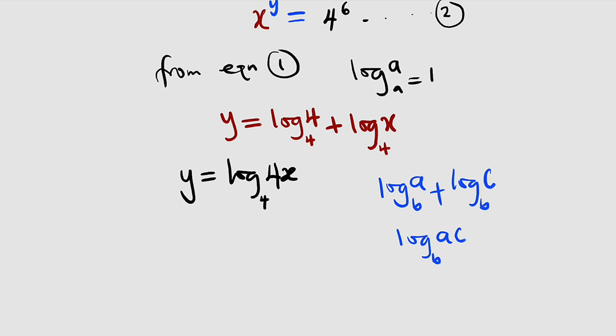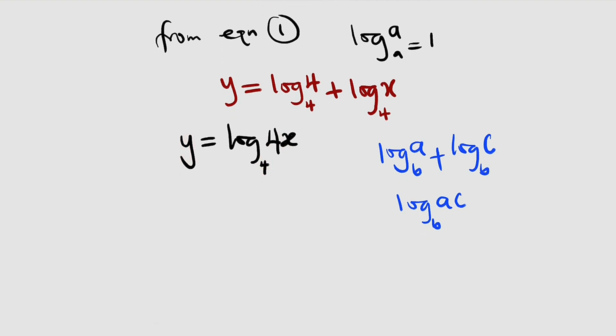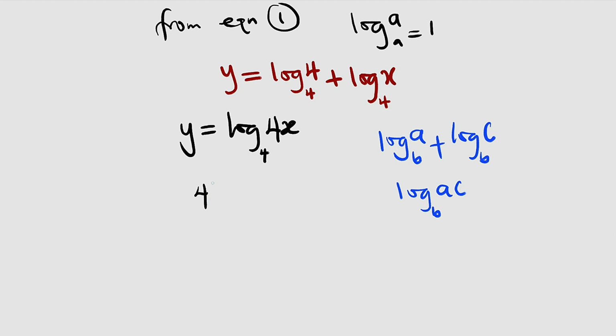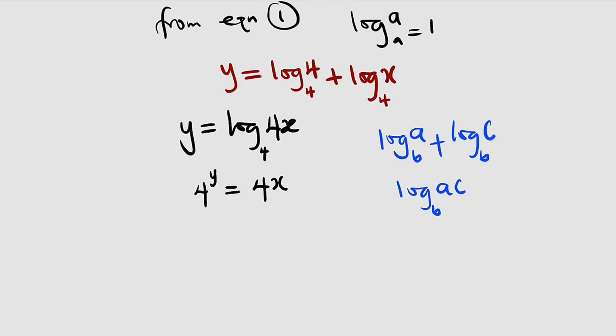Now we are going to apply the definition of logarithm here. Remember that if you take the base and raise it to the power of y, it will give us 4x. Therefore, 4 raised to the power of y is equal to 4x. I want us to make x the subject by dividing both sides by the coefficient of x.